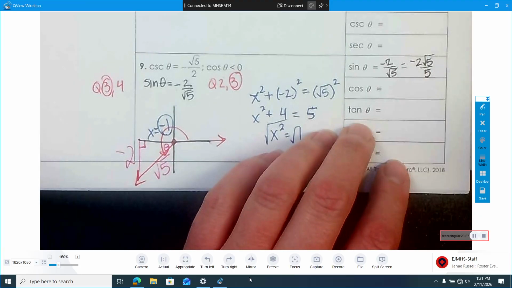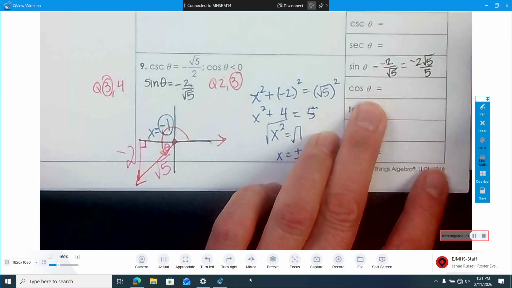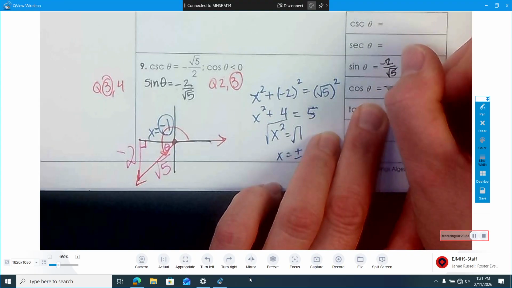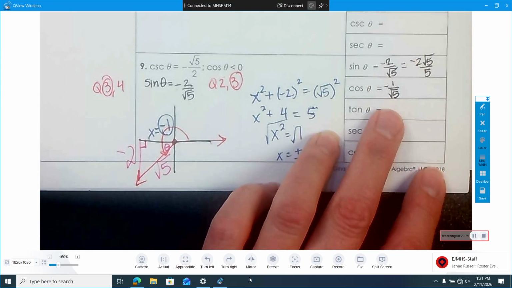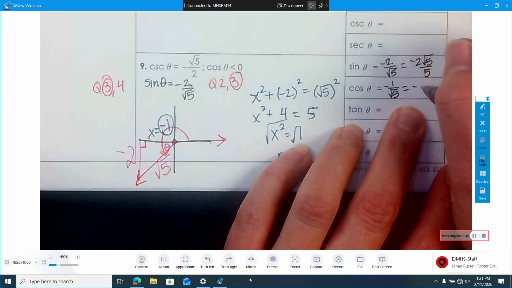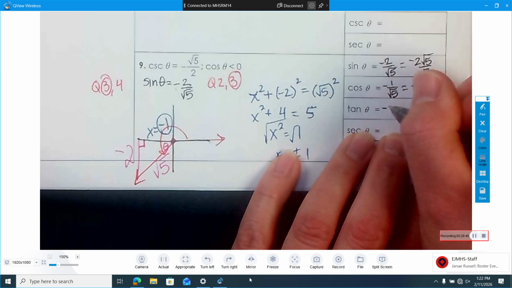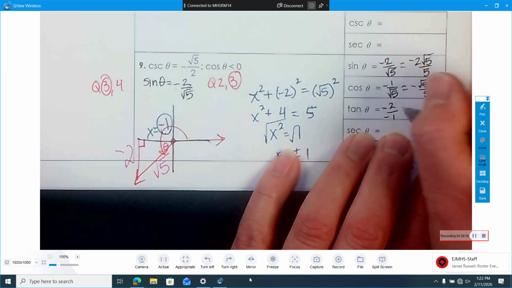Hopefully you got that pattern and can just get there, right? What's the cosine ratio? Negative 1 over root 5, and then when you rationalize, what do you get? Negative 1 root 5 over 5. Good. Tangent? Negative 2 over negative 1, which is just 2.